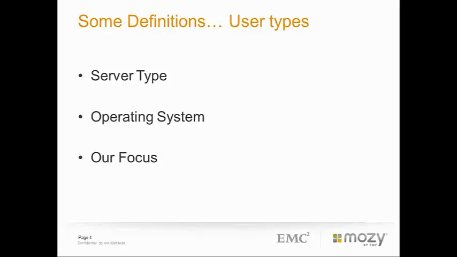If you're set up as a desktop user, you won't be able to use that on a server operating system. Okay. So it is operating system specific for server. Server users can back up any operating system, whereas desktop users can only back up desktop operating systems. Okay.